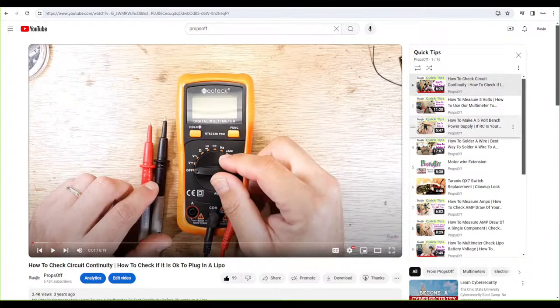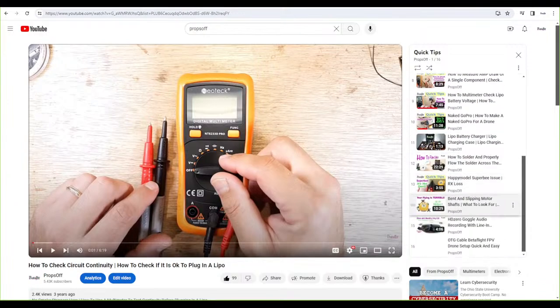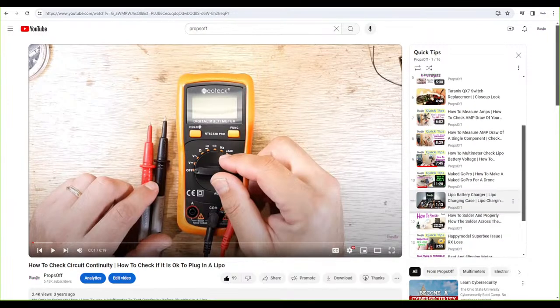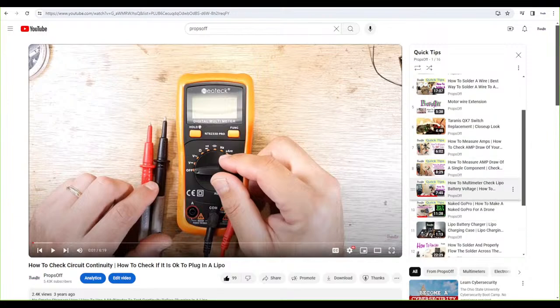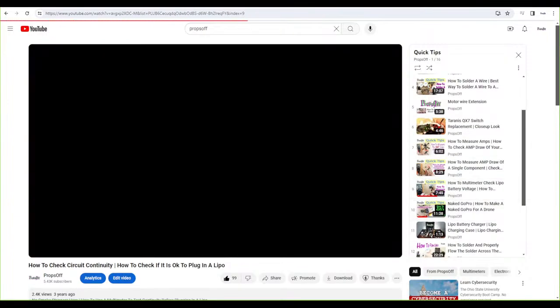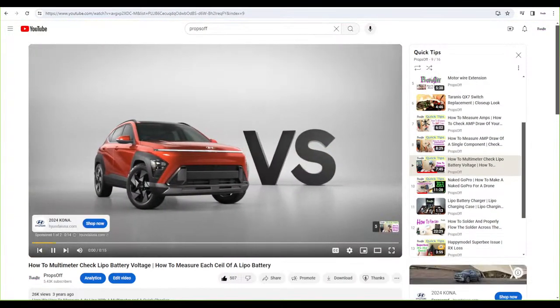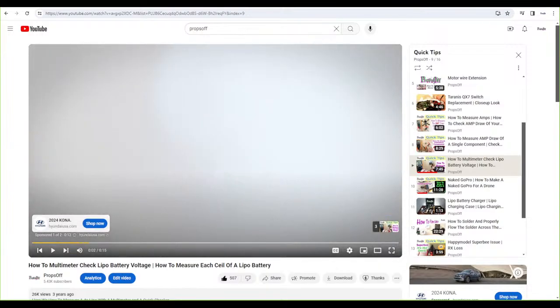It's kind of silly. Yeah, there was somebody actually that came on that said this balance lead, how to measure a lipo. Oh, geez. Turn that volume off.